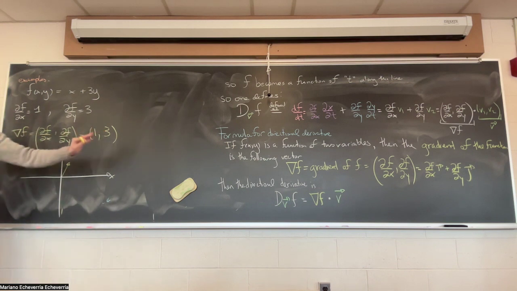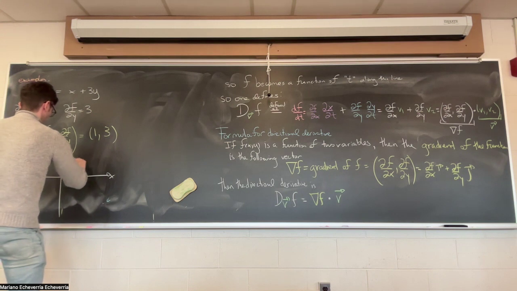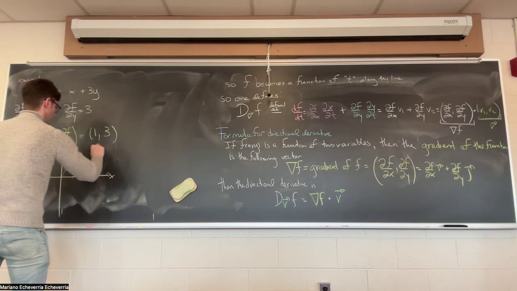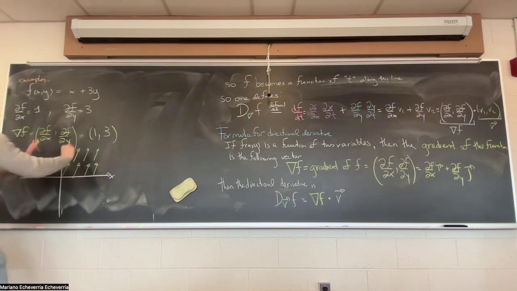And then I'll just make copies of the vector all over the plane. So just copy, paste, and make a bunch of clones of this vector. These are all meant to be the same vector 1, 3.